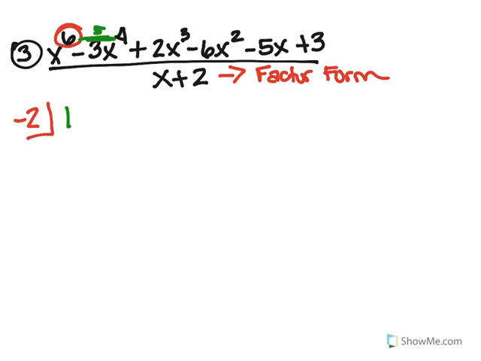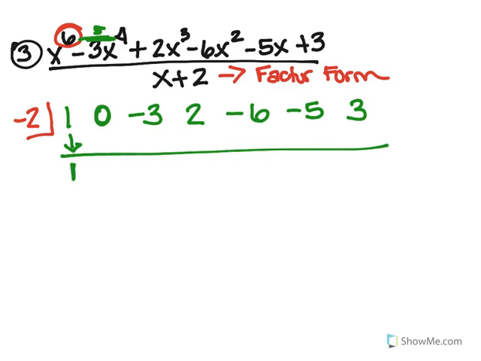We have a 1. That's in front of my x to the 6. 0 for that missing 5th degree term. Then I have negative 3 on my 4th degree term, positive 2 on my 3rd degree, negative 6 on my 2nd, negative 5 on my 1st, and positive 3 is my constant.